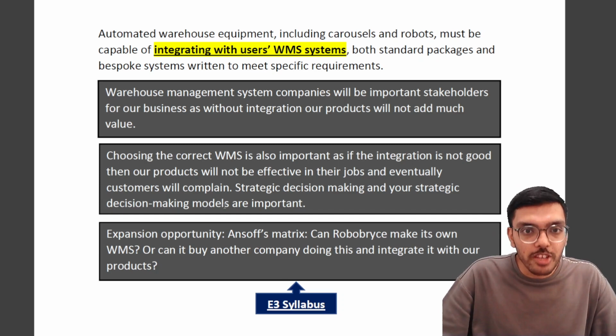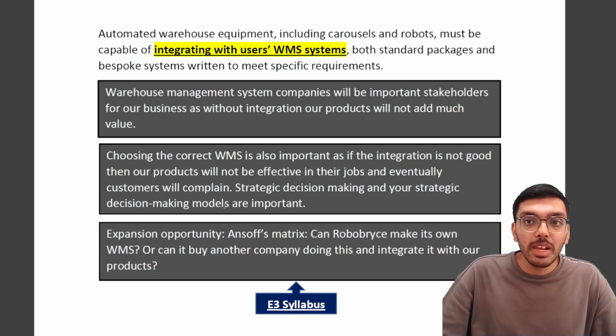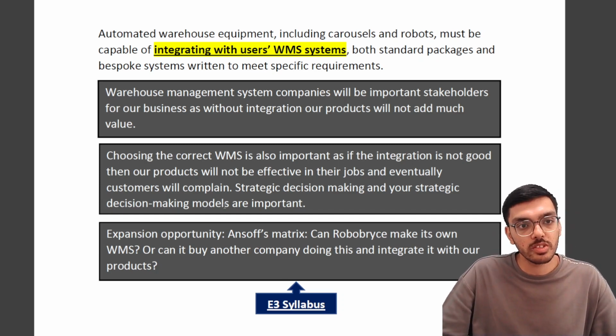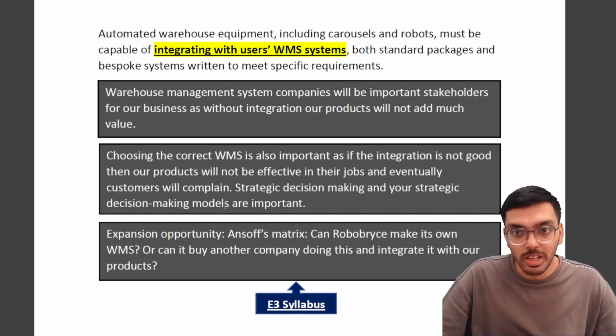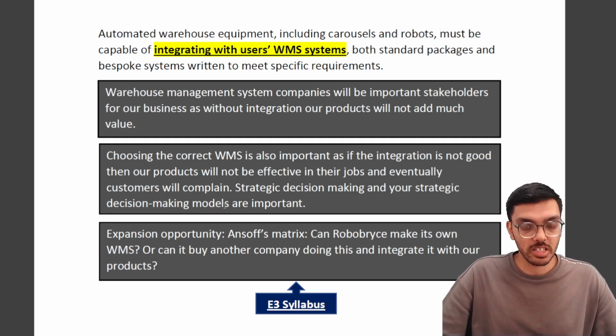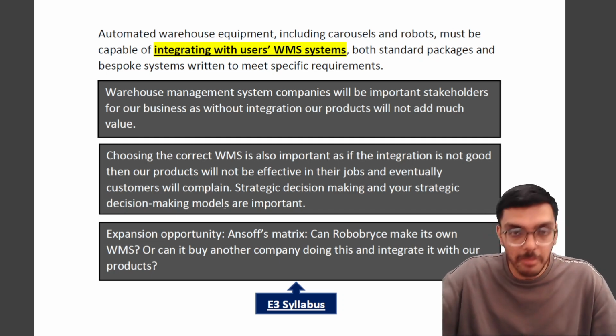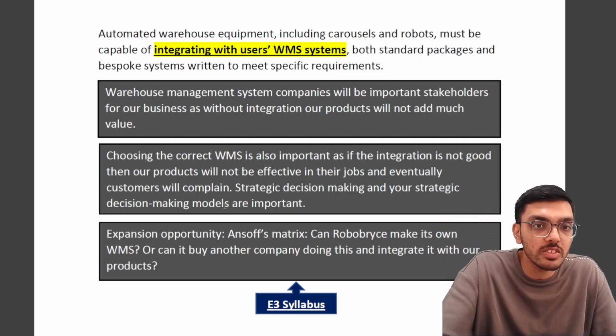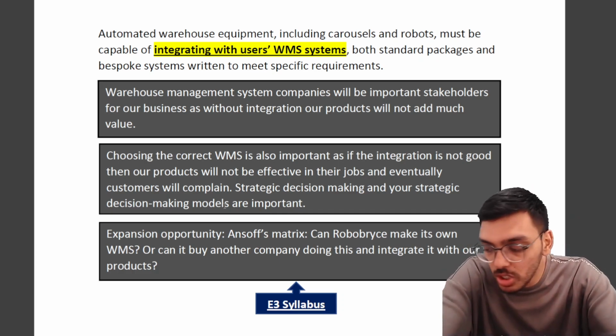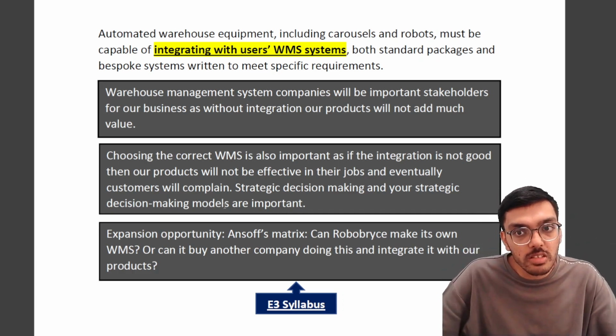So warehouse management system companies will be important stakeholders for our business, as without integration, our products will not add much value. It's very simple, right? If you're not working with warehouse management system companies, then how is your warehouse equipment going to be what your customer needs? So they become a very important stakeholder for your business.